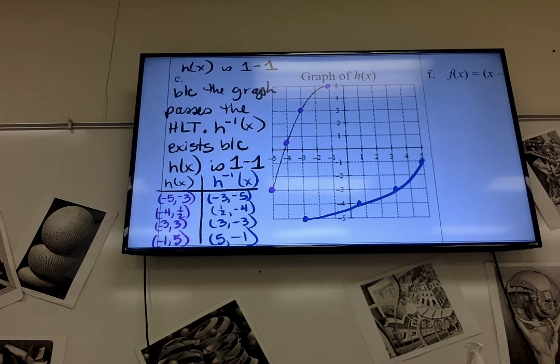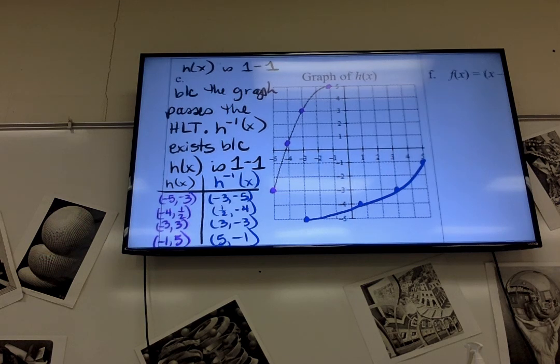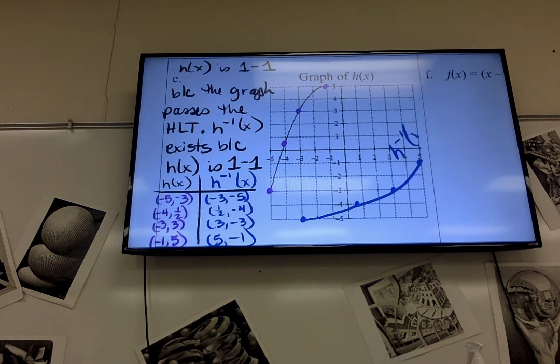And I know it's curved because the original one was curved. So that blue one is H inverse of x. All right. Questions on doing it with a graph?